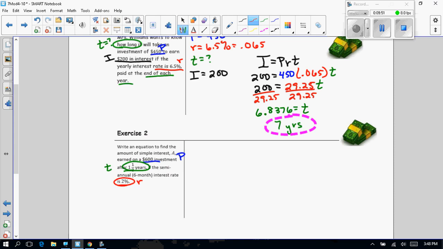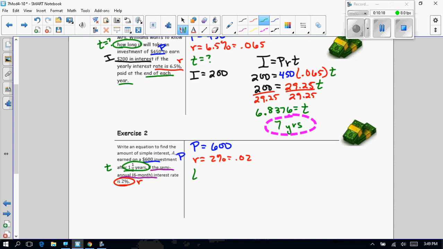Okay, but if you notice I skipped over, it's a semi-annual interest rate, which means it's going to be calculated every 6 months. Instead of being calculated at the end of the year, it's calculated after 6 months. That's important to catch. So the principal is $600. Our rate is 2%.